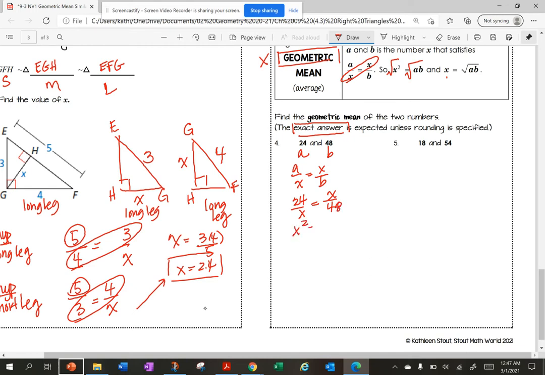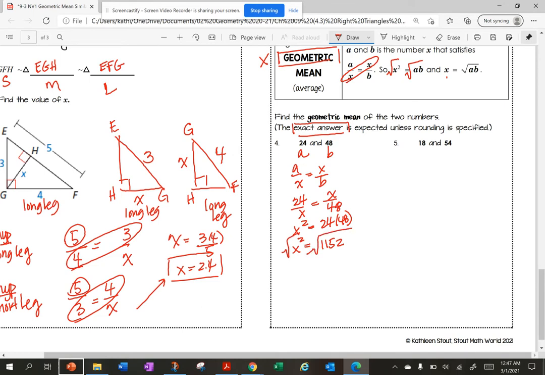So I get X squared equals 24 times 48, which is 1152. I'm going to take the square root of both sides.